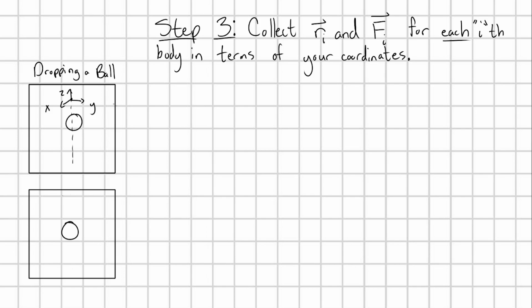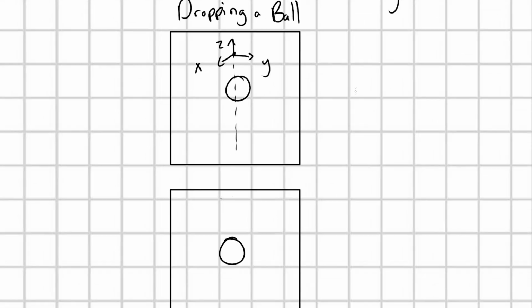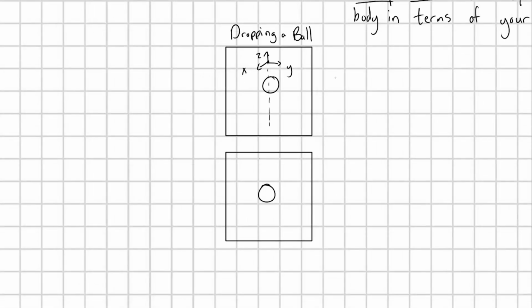So for this dropping a ball example, I'm going to dedicate 1 picture to figuring out Ri, which is really, we just have 1 body, so just R, and then I'm going to dedicate 1 picture to F. For each picture, the first thing that we need to do, since we're talking about vectors, is define some basis vectors. So I'm going to define my unit vector z hat. We have the z hat direction, and we just point to the center of mass of this ball with a position vector, which should be straight down.